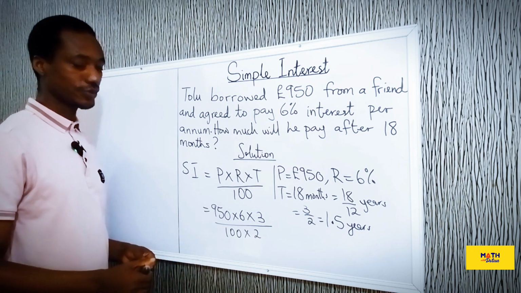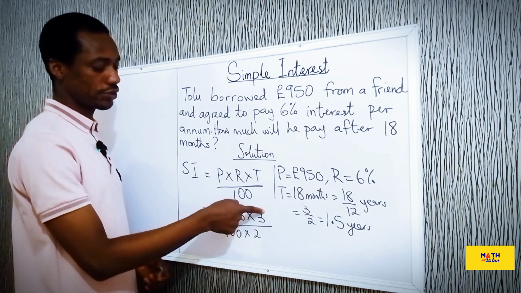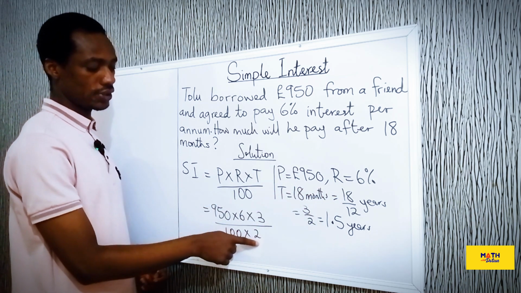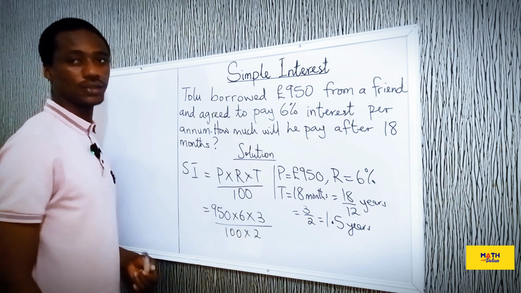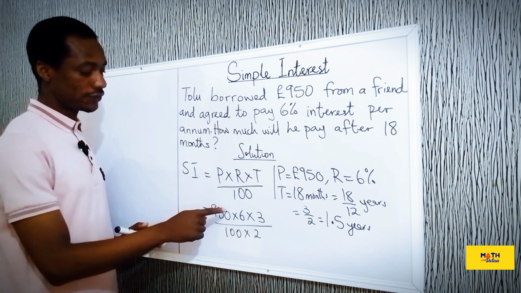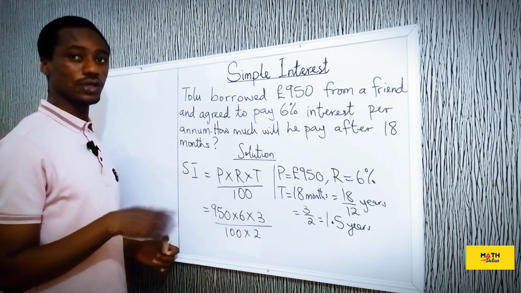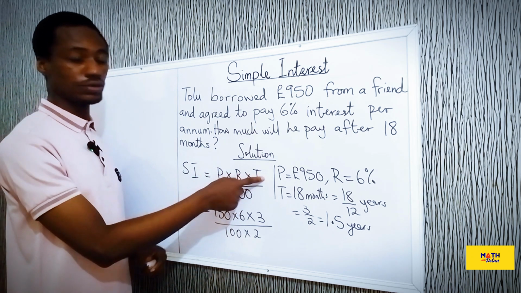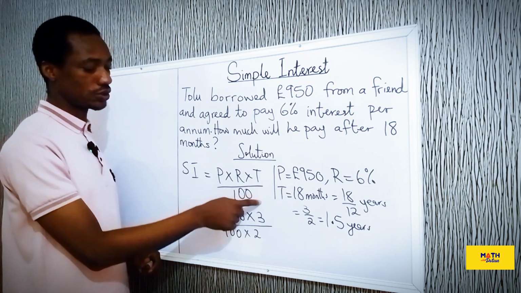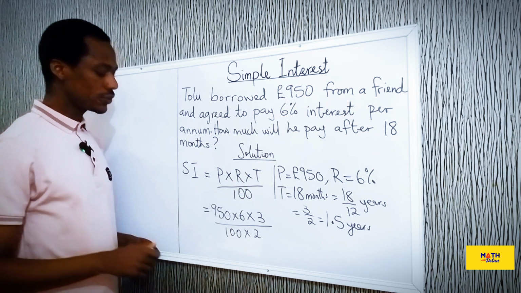You can even go from here, put your 18 months, and put the 12 in the denominator of the formula. Easy peasy, no stress. Even if the time is in fraction, convert it to an improper fraction, put the numerator upstairs, and join the denominator with the 100 that is already in the formula downstairs.